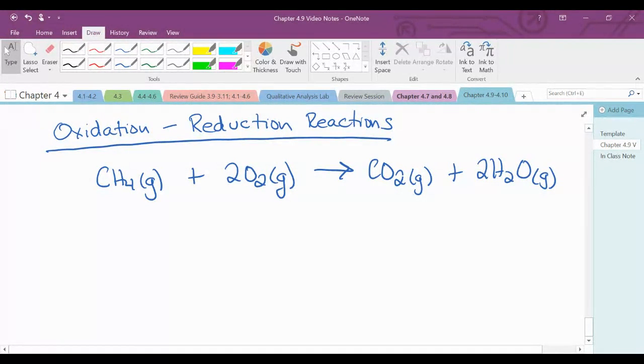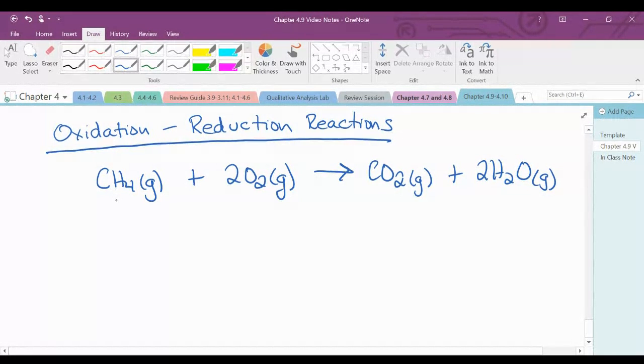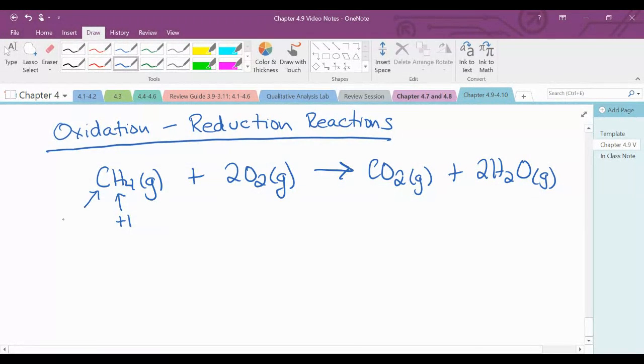So the first step I'm going to go through is assign oxidation states. So we know hydrogen is a positive 1. There are 4 of them, so that would mean that carbon would be a negative 4. Oxygen, this is an element, is 0.